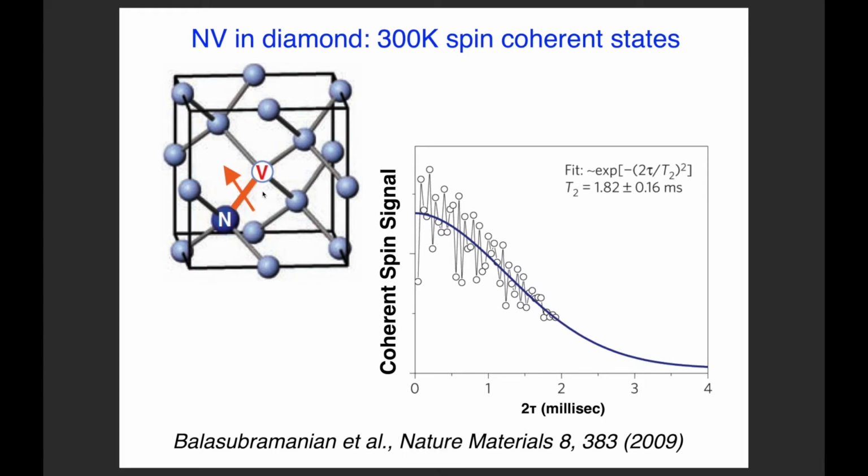Now, measurements have been done at room temperature of the spin coherence in these systems, and the spin coherence times are quite long. This is one early example showing a T2 of the order of a millisecond. Longer T2s have been observed at this point.